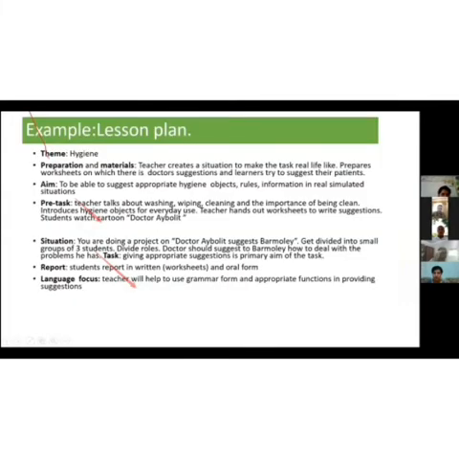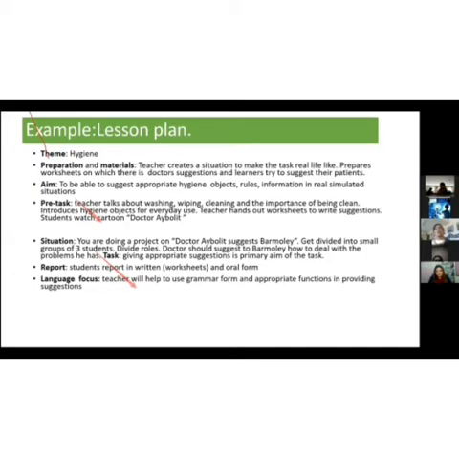Here is one more example of a lesson plan with tasks, and I call this hygiene, where my materials could be hygiene objects like soap, shampoo, and how to use them, towel, and verbs regarding hygiene, and doctors as a functional language.